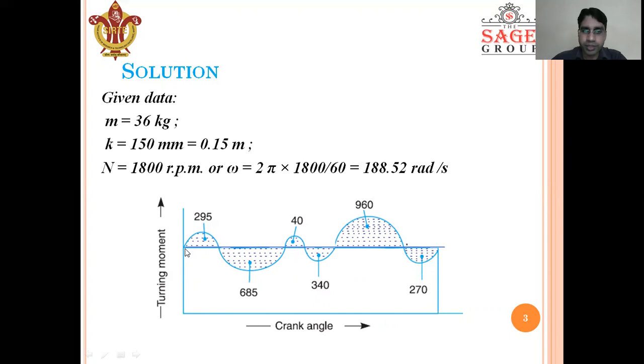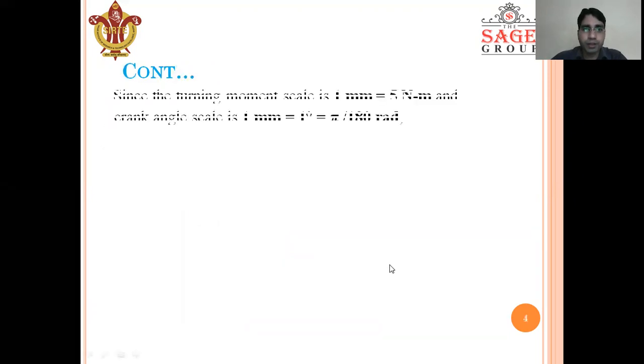Then you can represent the points A, B, C, D, E, F and G, and the energy at point G equals the energy at point A. Here it is already given that the turning moment scale is 1 mm equals 5 Newton meter, and the crank angle scale is 1 mm equals 1 degree, that is pi by 180 radian.